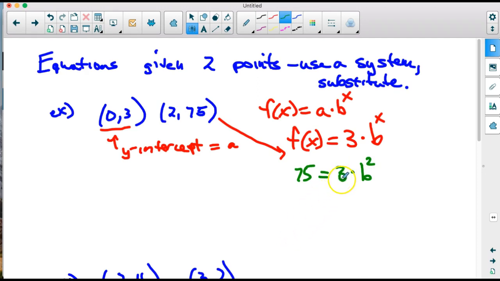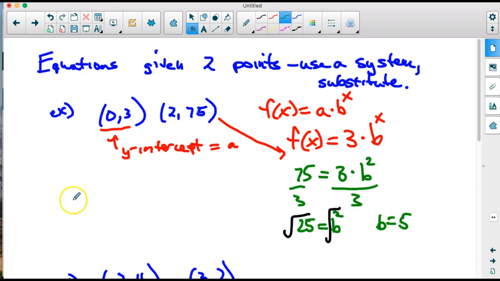What we need to do is divide by 3 first. If we divide by 3 on both sides, we get 25 equals b to the second power, and then to get b, we need to take the square root of both sides. The square root gets rid of the square, so b is going to be equal to 5.